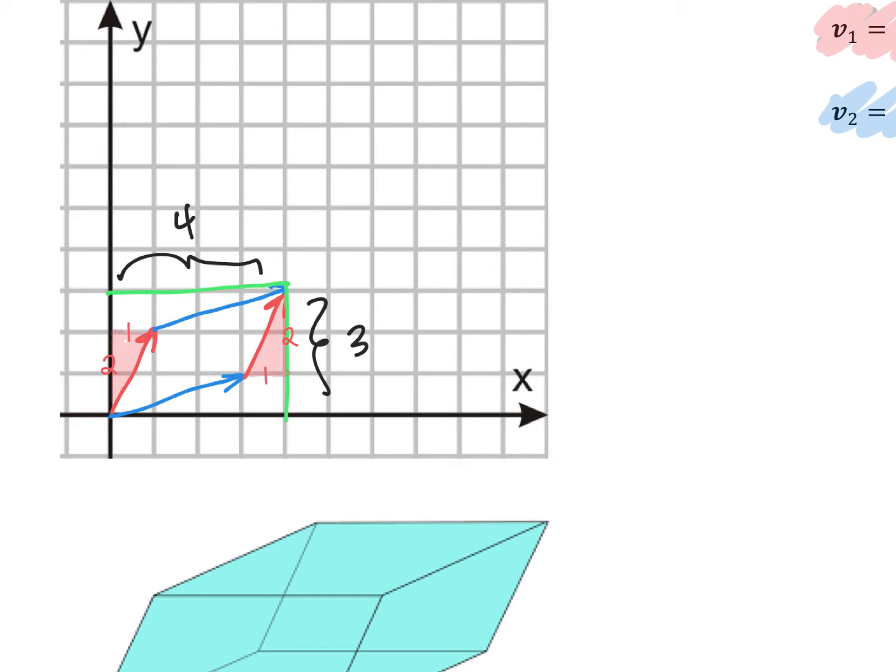Then I have some beautiful little triangles over here. I have this guy, which is a 1 by 3 triangle, and his counterpart hanging out down here, also a 1 by 3 triangle.